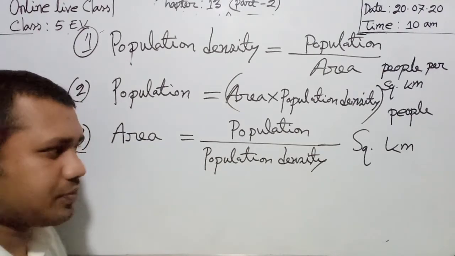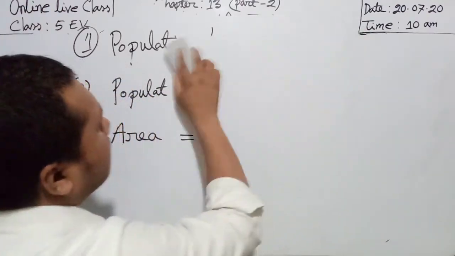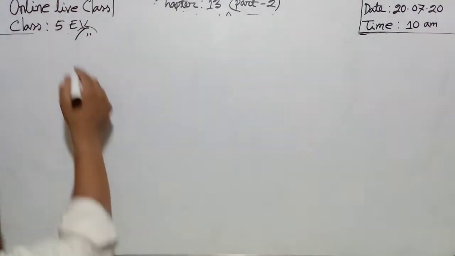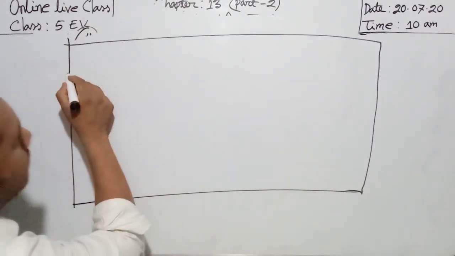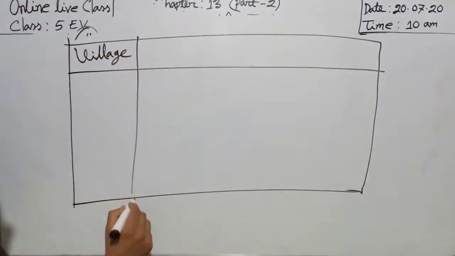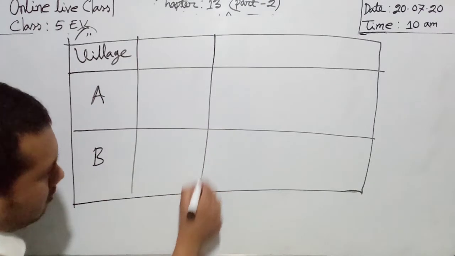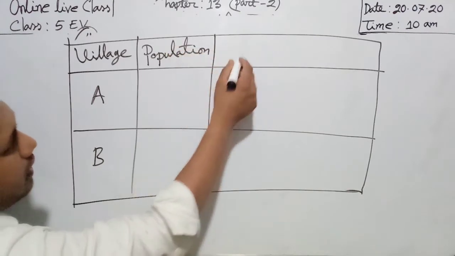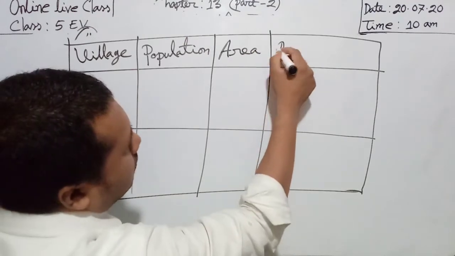Clear, dear students? Okay, now I can give an example for your better understanding. Suppose these are villages. Suppose the names of the villages are A and B. Now this is population, this is area, and this is population density.